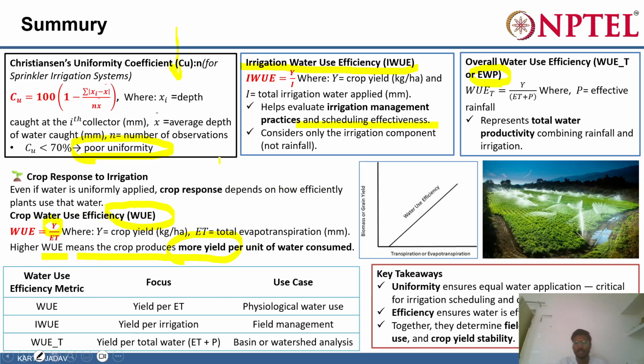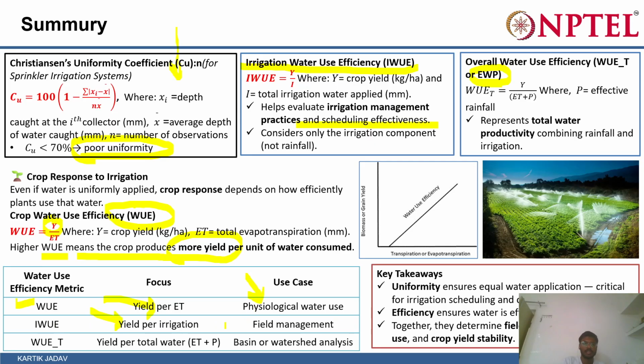So in these key takeaways, before we go, these are the water use efficiency metrics. The first one is water use efficiency, which is yield per evapotranspiration, so it governs physiological water use. Then you have irrigation water use efficiency.